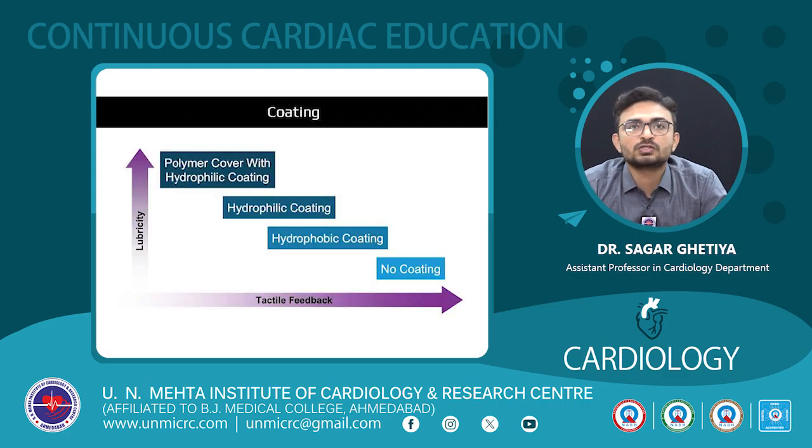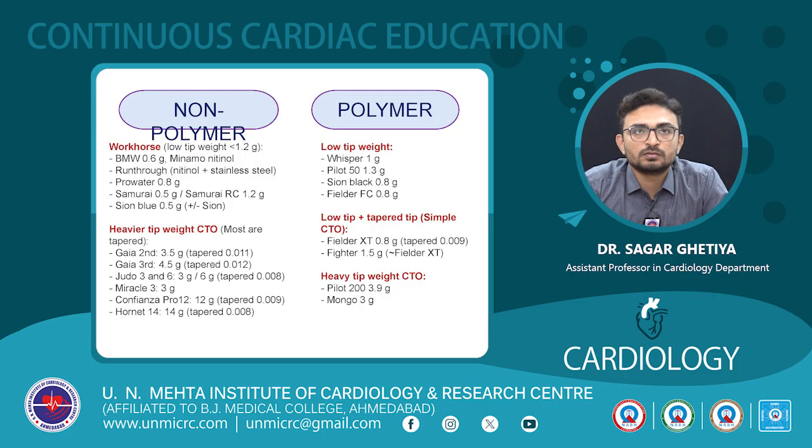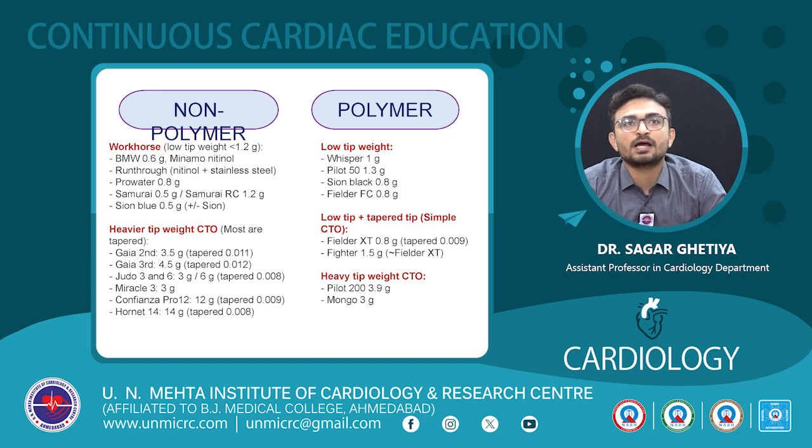So when a wire has no coating, it has the best tactile feedback but lower lubricity. And when we change from hydrophobic coating to hydrophilic coating and polymer cover, there will be a reduction in tactile feedback but an increase in lubricity. So wires can be divided based on polymer jacket and non-polymer jacket. Non-polymer wires are divided again into core workhorse wire and heavier tip CTO wire.